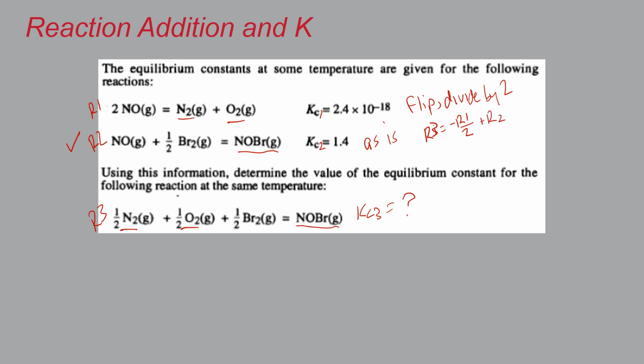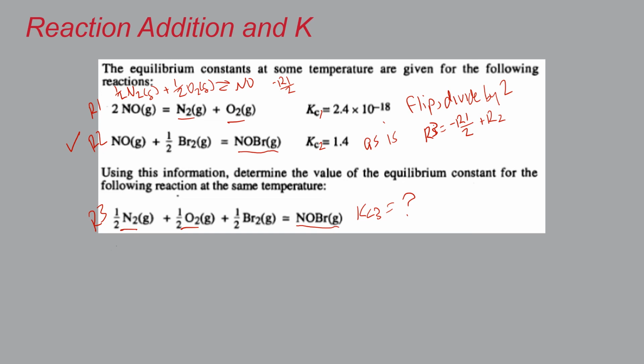And let's try that. If we want to flip and divide by 2, what we're going to end up with is 1/2 of an N2 gas plus 1/2 O2 gas gives you NO. And remember that this is negative R1 over 2. So let's add those together.